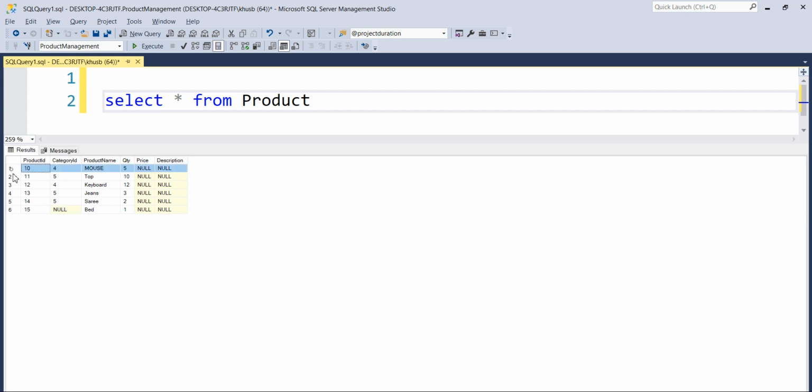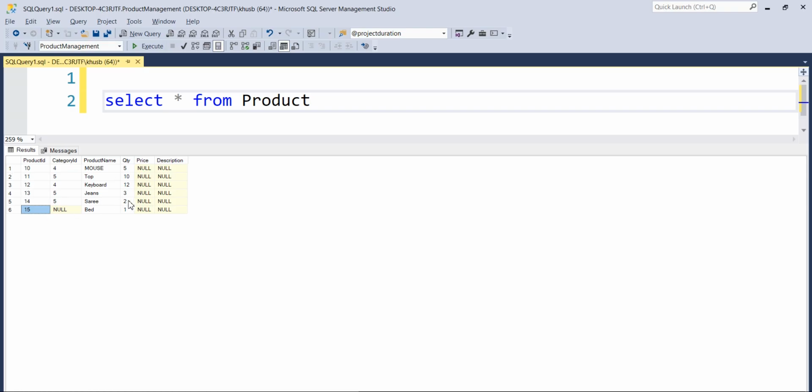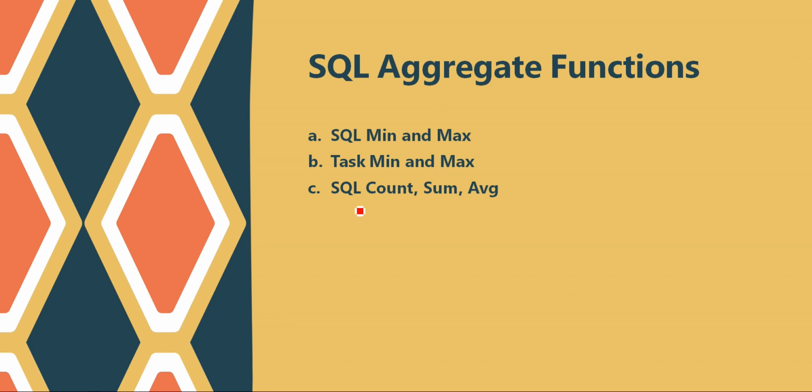We are dealing with only 6 products, but let's say there will be a very large database and I cannot see it like this. I need to know how many products in total. So how can we do that? We are going to use this count function.